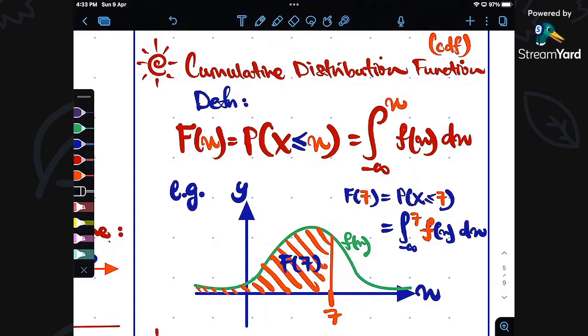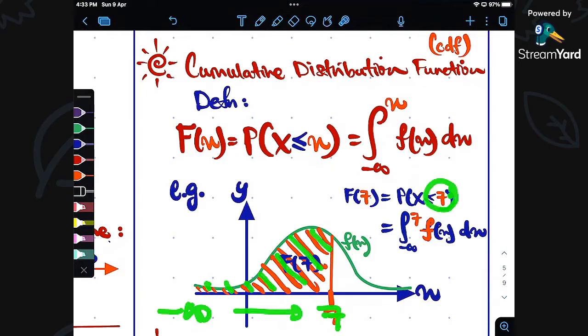Small letter f will always be inside of this integral, and then we will get the big letter F. So this big letter F of 7 is equal to the probability of X less than or equal to 7, because this region is shaded from negative infinity until 7.